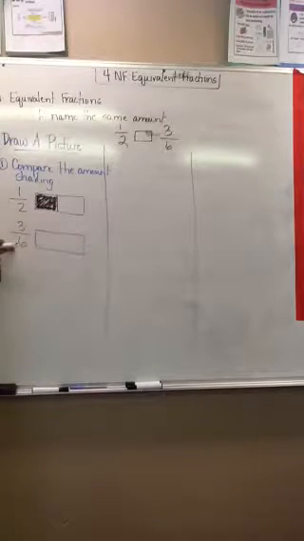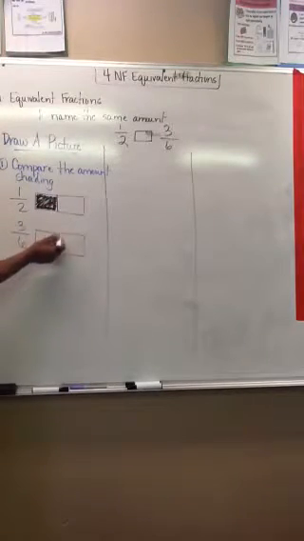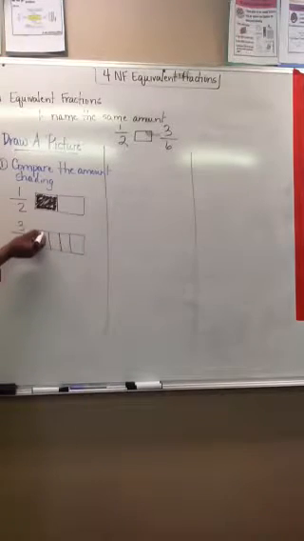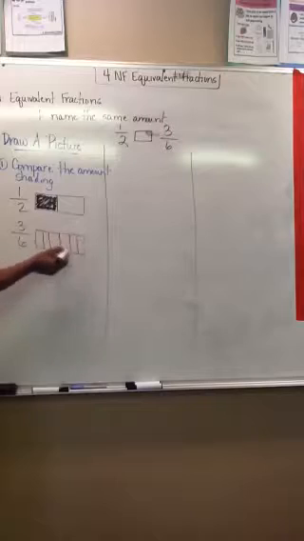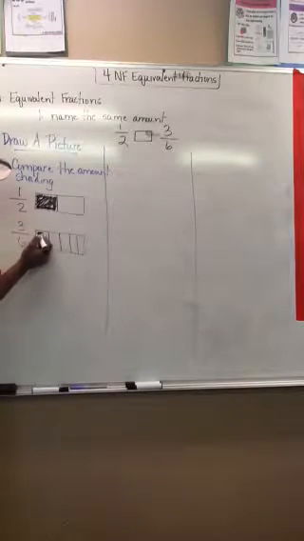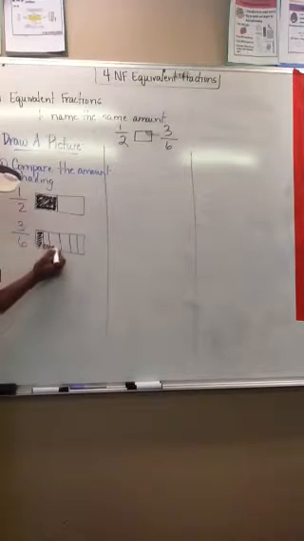Down here, my denominator is 6, so I'll break it into 6 spots, 6 blocks, rather. Shade 3 of them. 1, 2, 3.